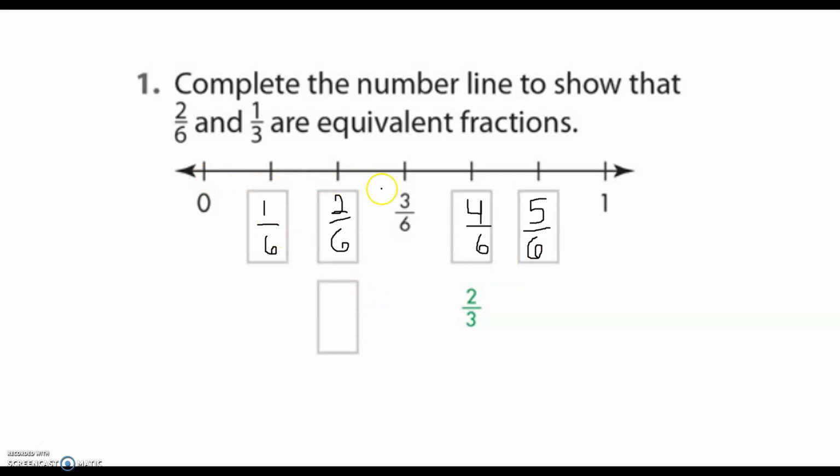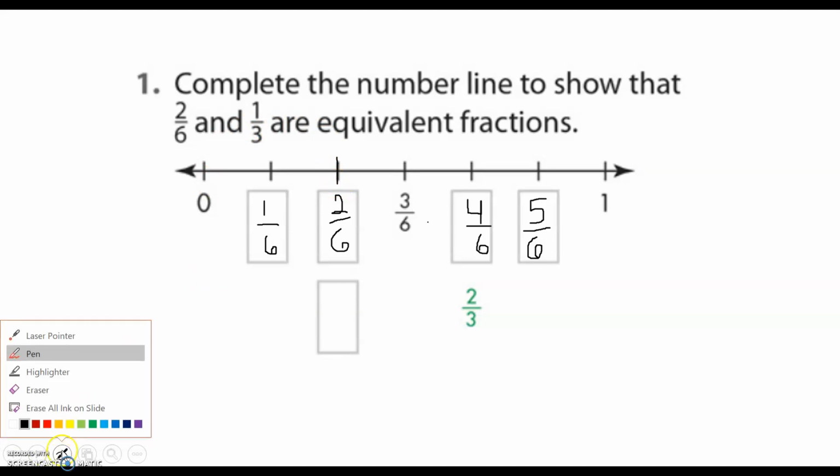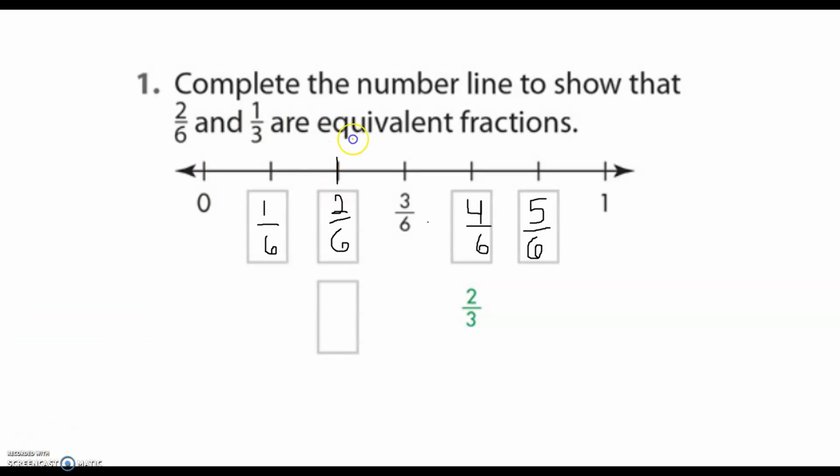So looking at this number line, if I were separating my number line into thirds, we know we have 0 here. We have piece 1. So piece 1 is here, 1/3.